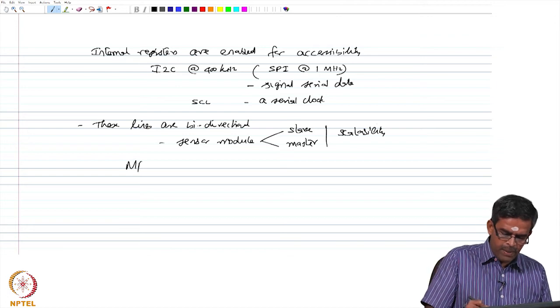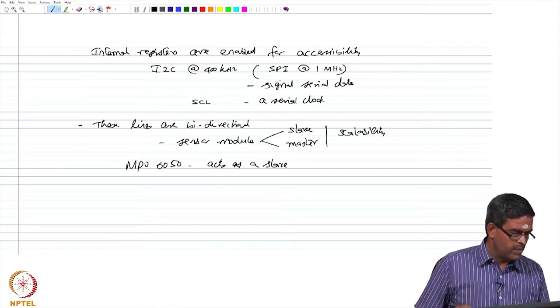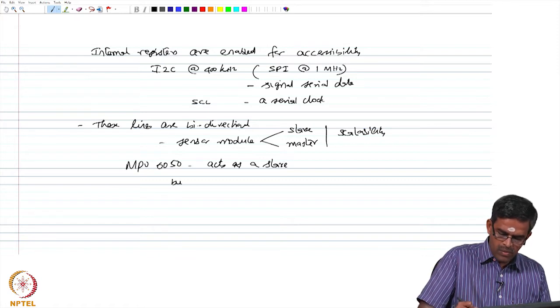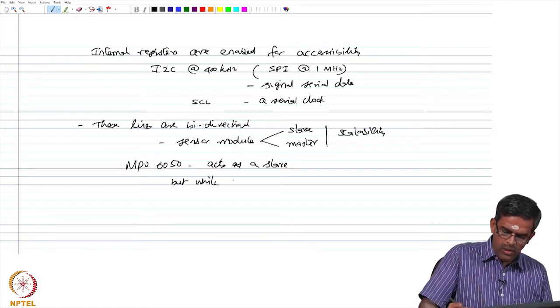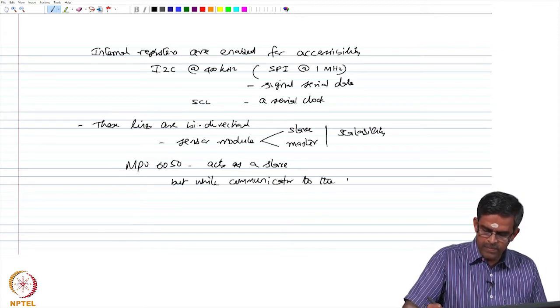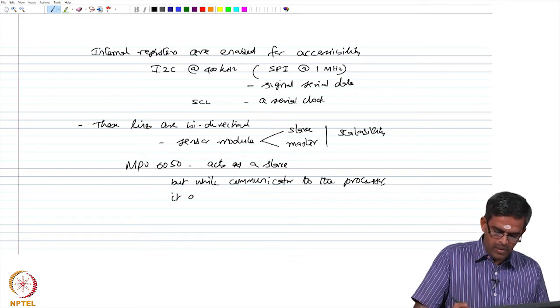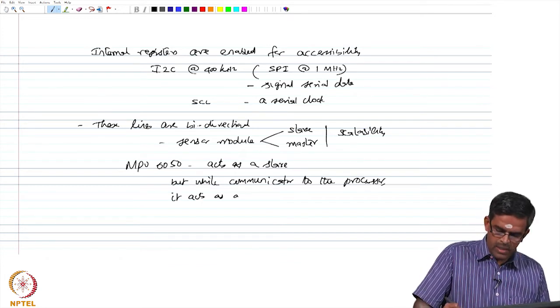So, MPU 6050 generally acts as a slave, but while communicating to the processor, it acts as a master node.